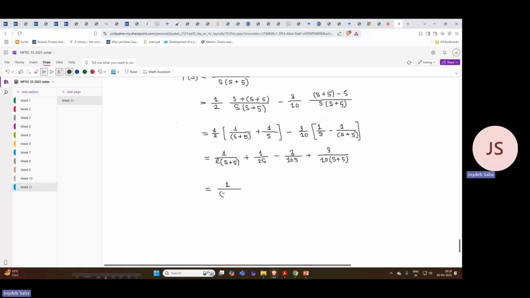Is equal to 1 upon s plus 5 multiplied with 8 upon 10 minus 2 upon 10 multiplied with 1 upon s.